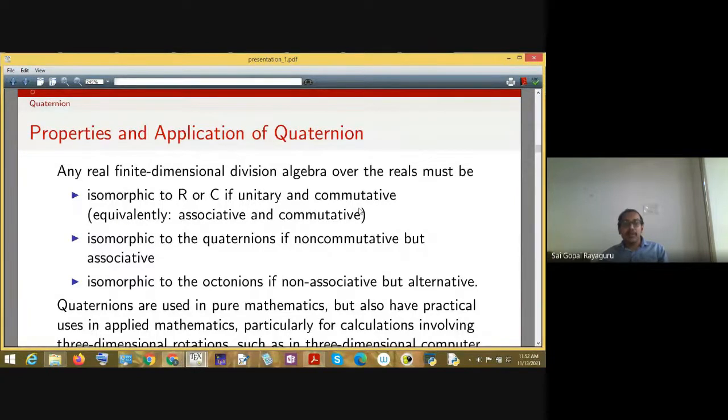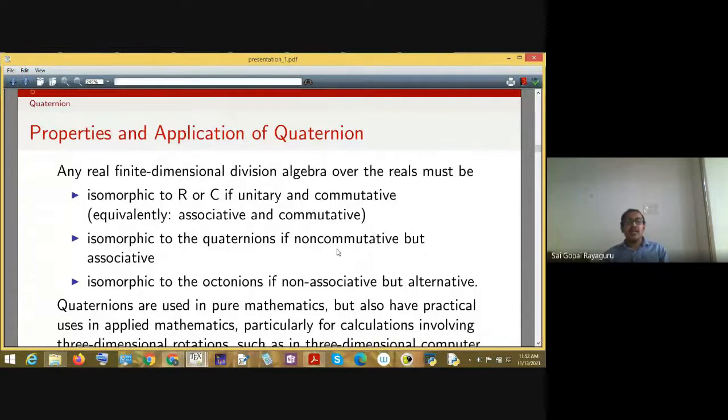And this commutativity part is lost in the case of the quaternions. So except for this commutativity property, if any real finite-dimensional division algebra exists of dimension 4, then it is isomorphic to the quaternions.